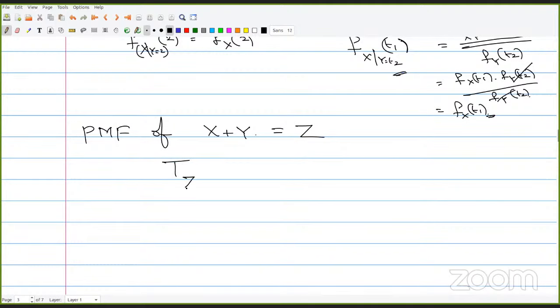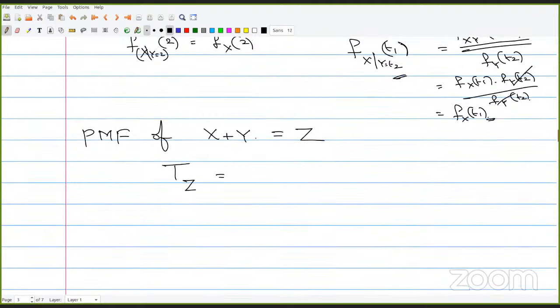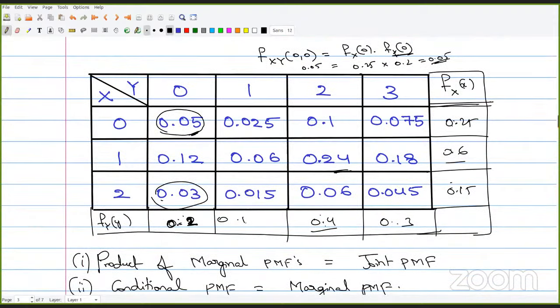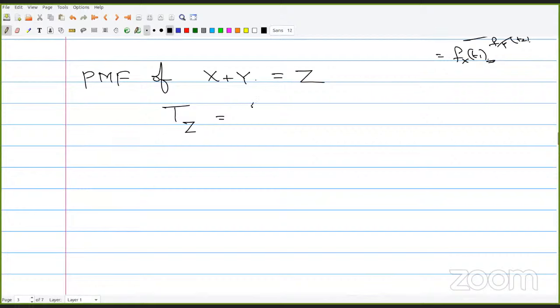Now the range of z will be 0 to 5. We can have 0 plus 0, and up to 2 plus 3, which is 5. So the range of z can take 0, 1, 2, 3, 4, 5.